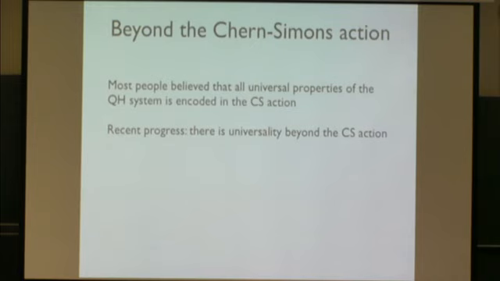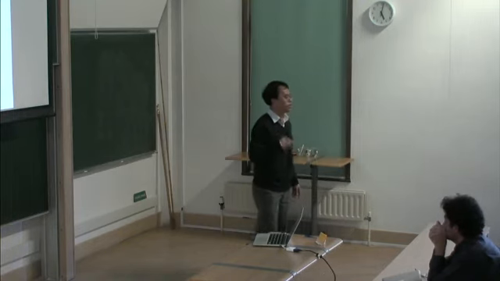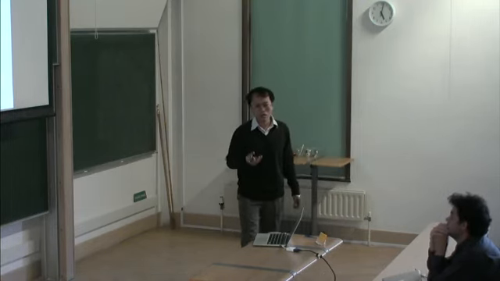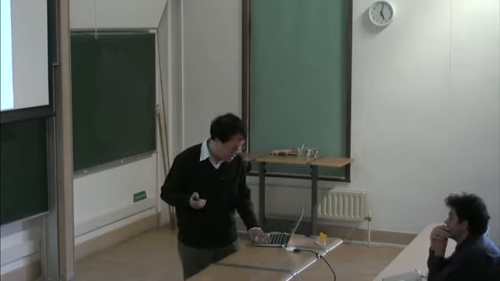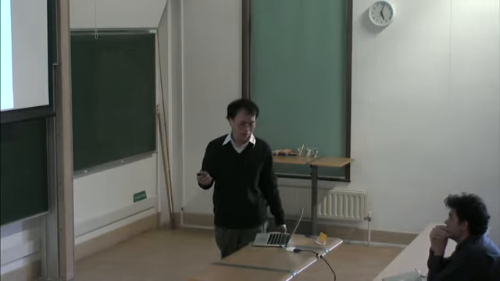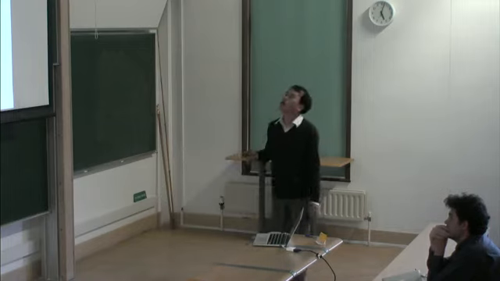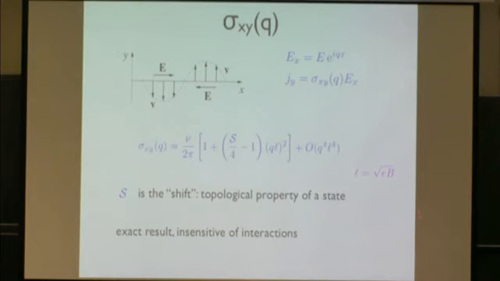Recently, we have found that there are some universal properties of certain quantum Hall states, namely clean, rotationally invariant quantum Hall states, that go beyond the Chern-Simons action. Let me show you one particular example. Let us imagine that we put a quantum Hall system in an electric field that varies in space.